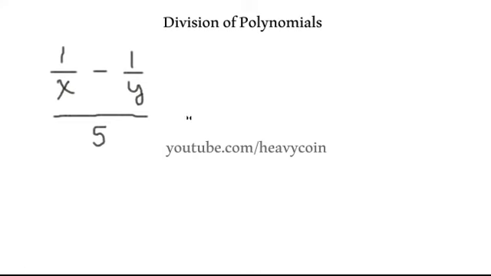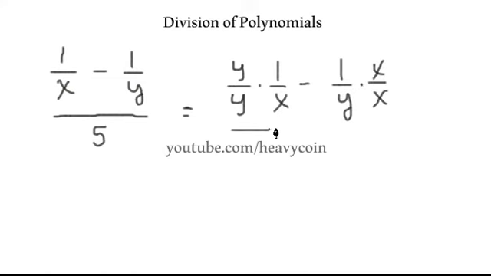Okay? Alright, we're going to start with the numerator. And we want to get that into one single fraction. And so I'm going to, I don't know, write an equal sign right here. How's that? We're going to write y over y times 1 over x, because we've got to get that common denominator. 1 over y and x over x, and of course remember this is all over 5.